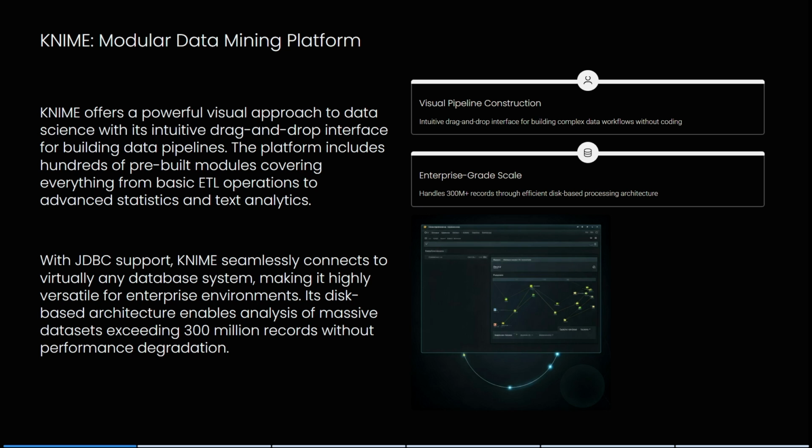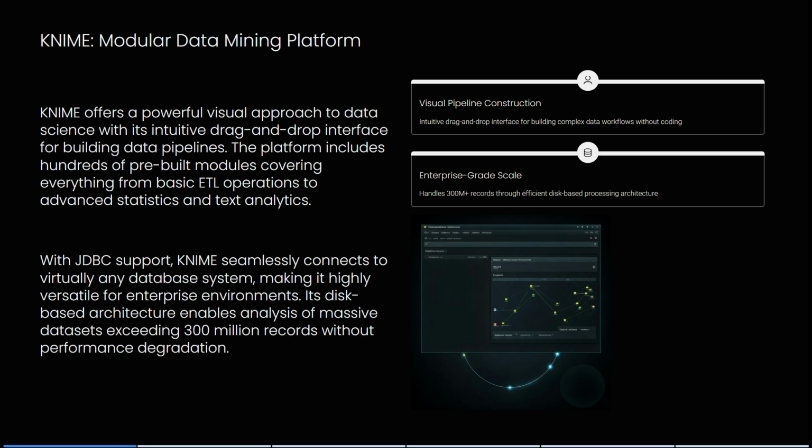All right, so we're looking at KNIME now. So KNIME is a modular data mining platform. It offers a powerful visual approach to data science with its very intuitive drag and drop interface for building data pipelines. The platform also includes hundreds of pre-built modules covering everything from basic ETL operations to advanced statistics and text analysis.